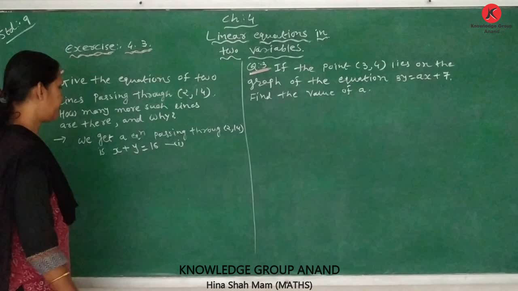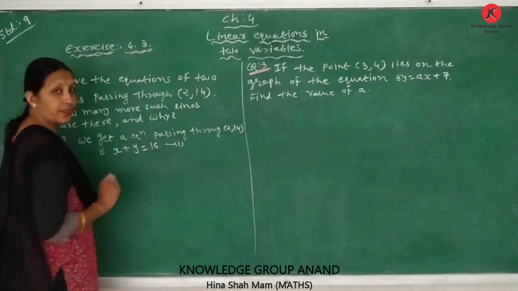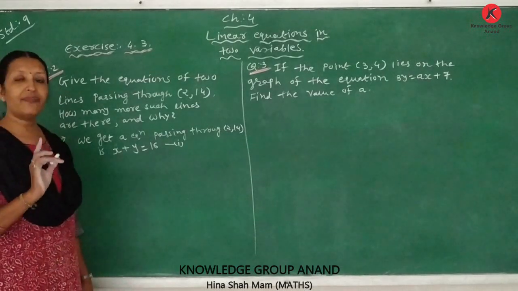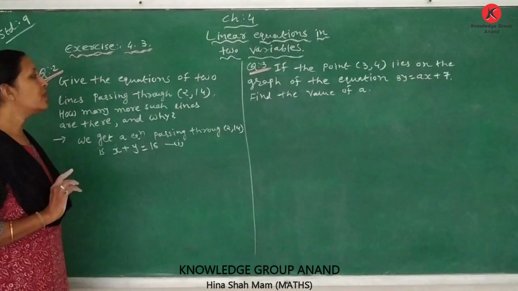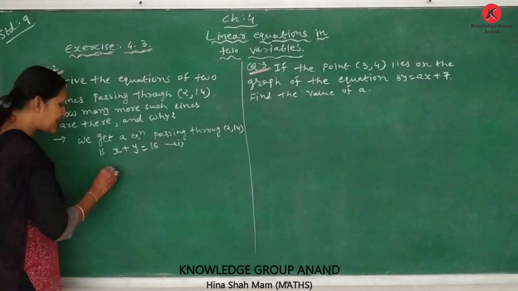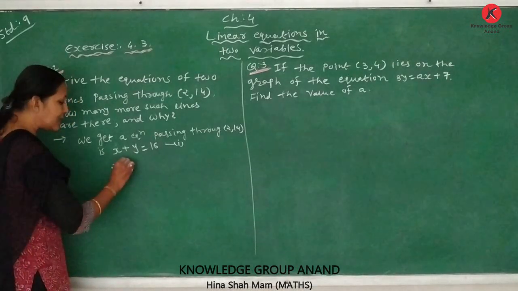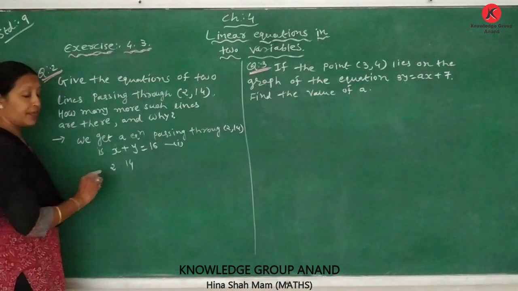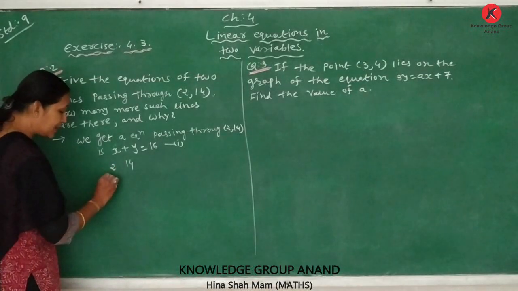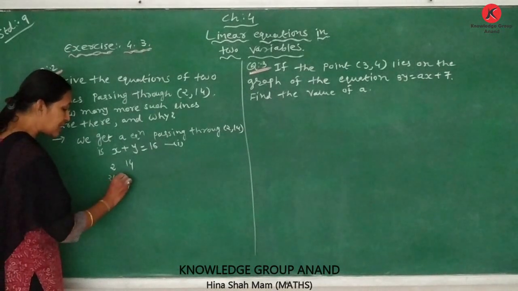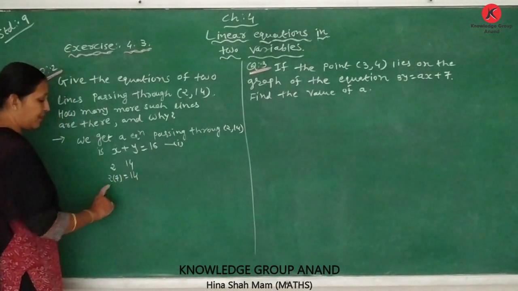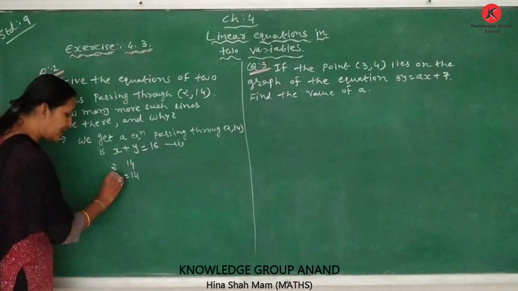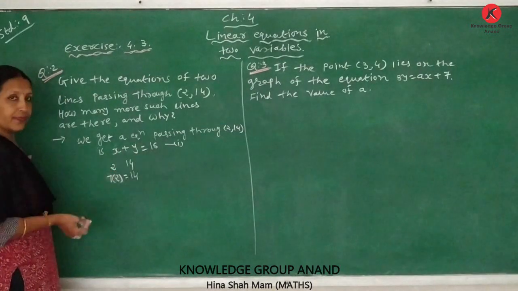Second equation. The x coordinate is 2 and the y coordinate is 14. How do we make them equal? We multiply: 7 times 2 is equal to 14. We write it like this: 7 times 2 is 14.